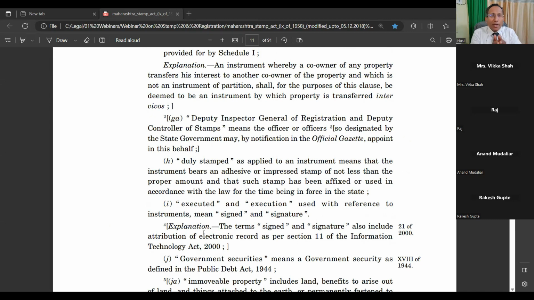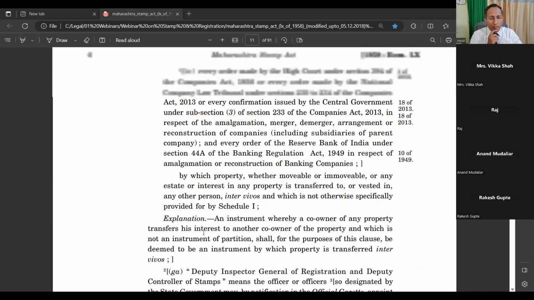In the paid webinar, we go into more detail at length, and stamp duty itself takes around 3 to 4 sessions. So it's a different ball game over there. But here, it is thought provoking. I'm just giving you something to think about, and then you can go on self exploration.